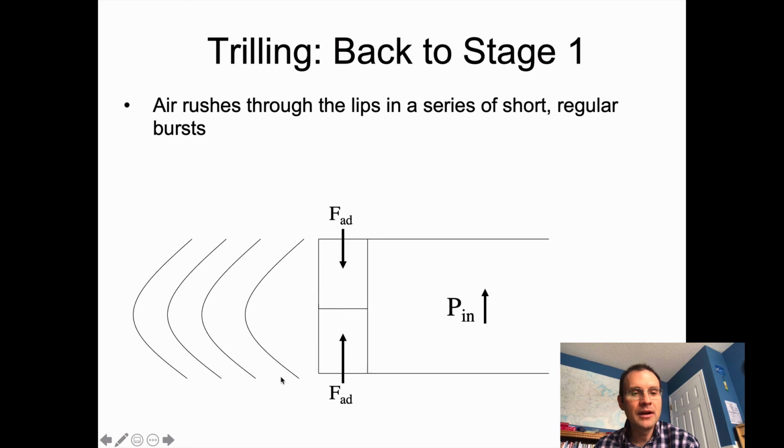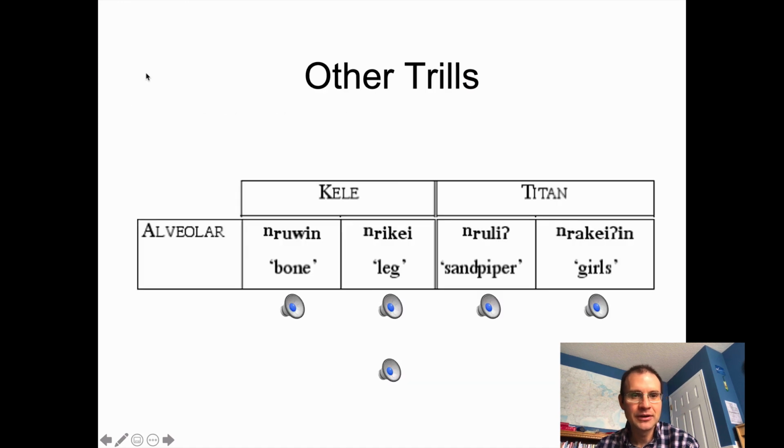So when we look on the outside of our mouths, we'll get this pattern where we see these spikes of air molecules just popping out into the world around us. When we record that in Praat or in some computer or machine, we'll see those big spikes of molecules getting pushed as the air pops out from the mouth and opens up the lips in a bilabial trill.